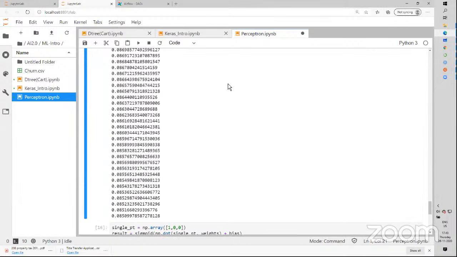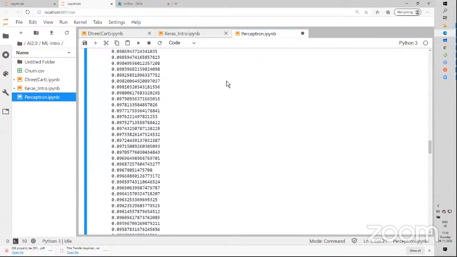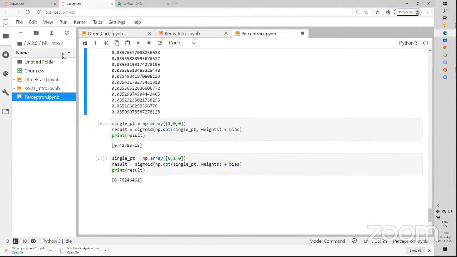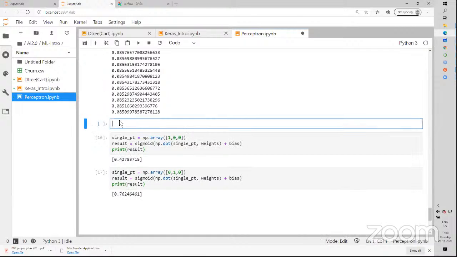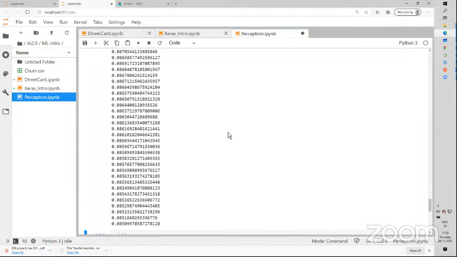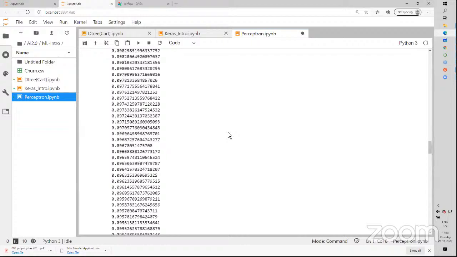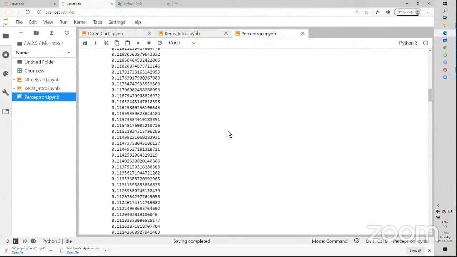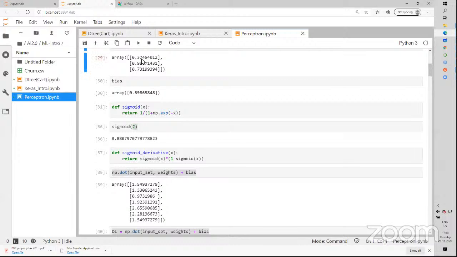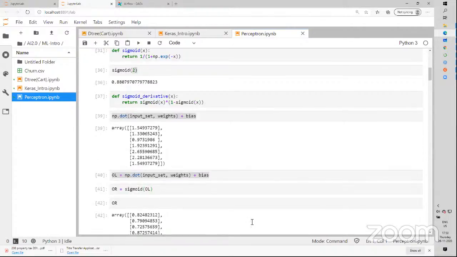What is our perceptron? Our perceptron is nothing but the weights, right? Now, what are our final weights? Let me print the final weights for us. So my final weights are this. Compare these weights with the original weights where we initiated them. When we initiated them randomly, our weights were 0.37, 0.95, and 0.73.